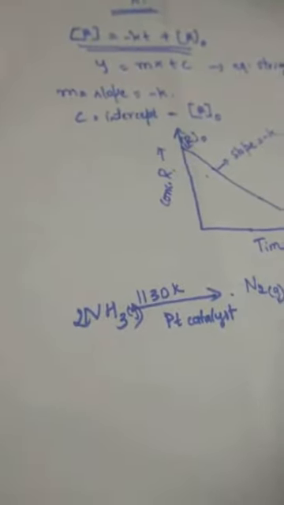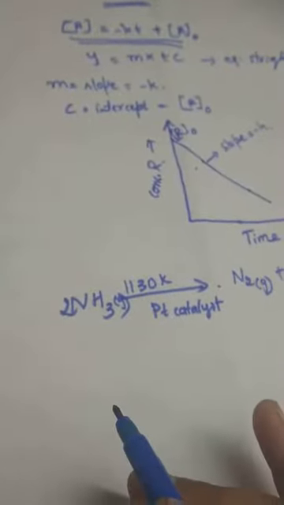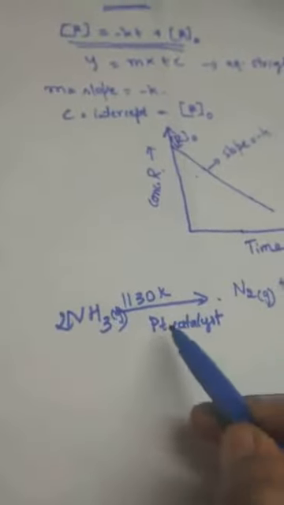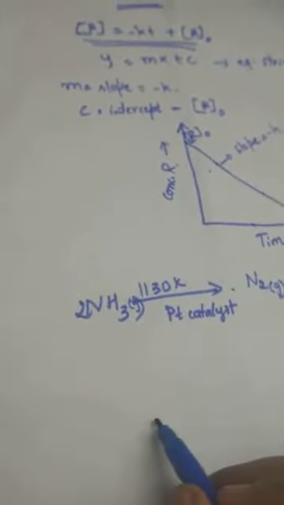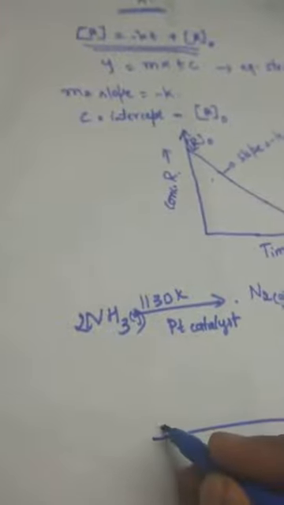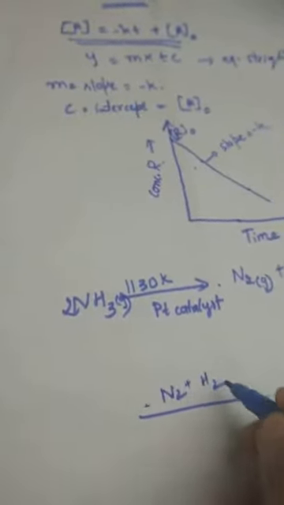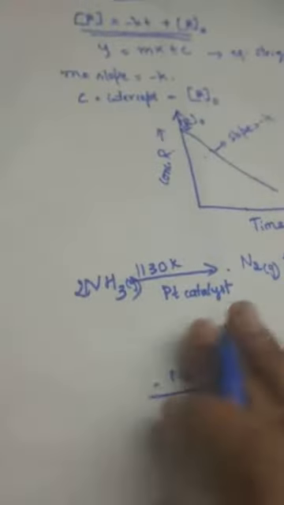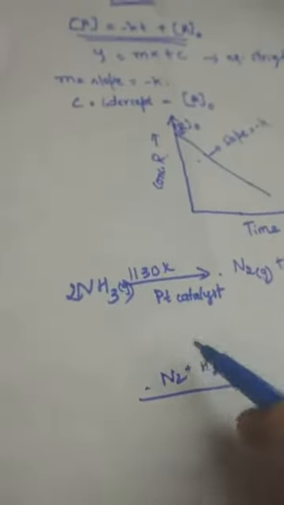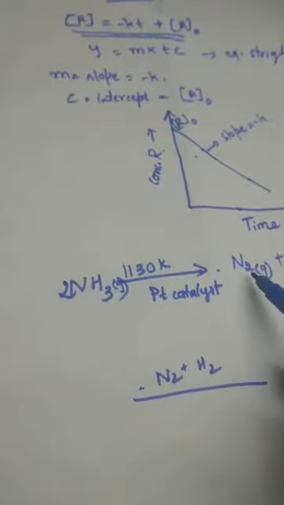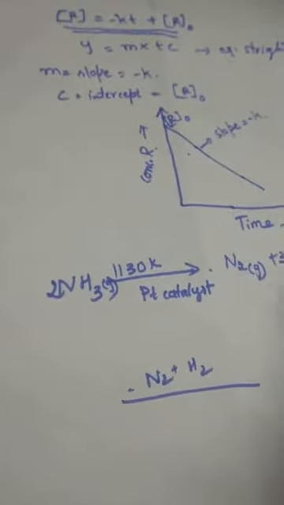At high pressure, the nitrogen and hydrogen molecules saturate the platinum metal surface. Saturated means no more ammonia can be converted into nitrogen and H2 molecules.